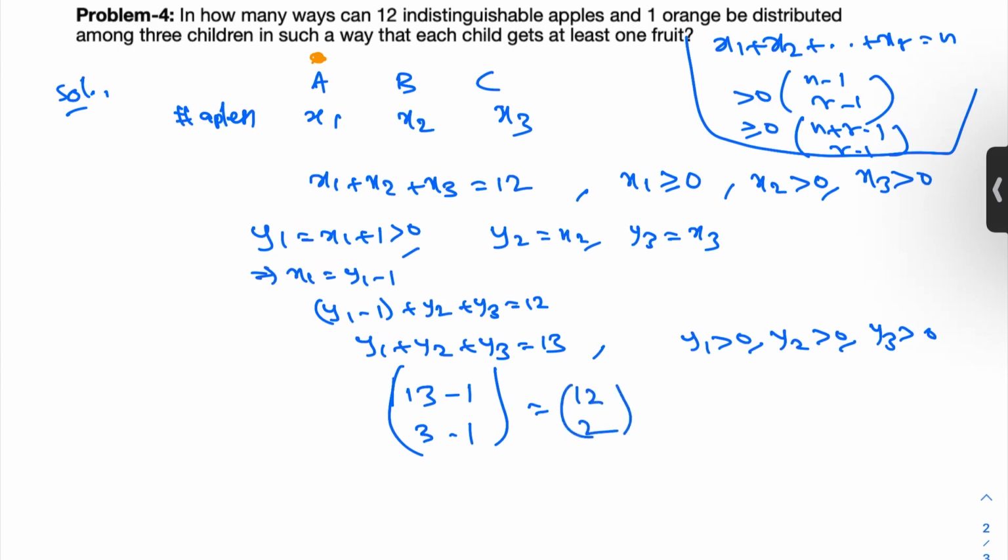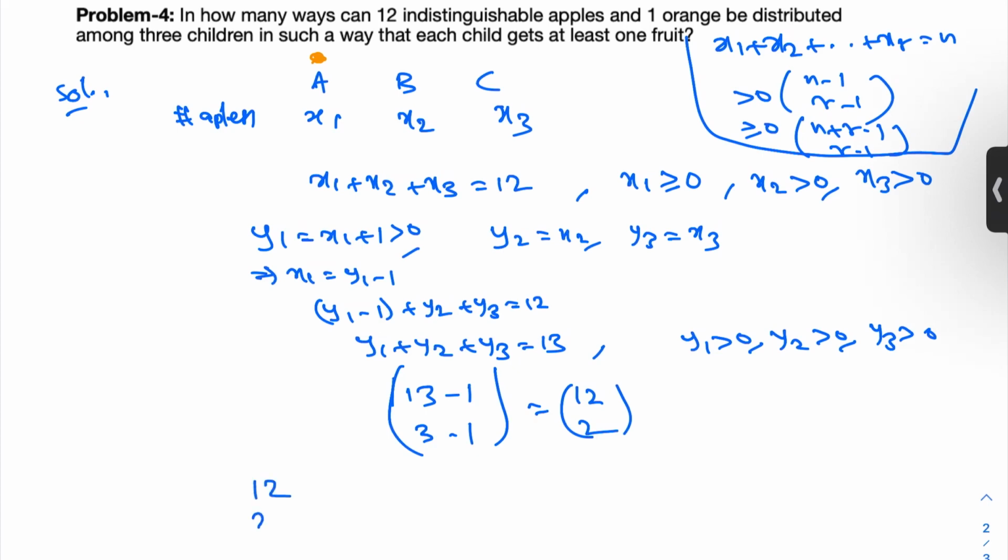Okay, 12 choose 2 only for case A getting orange. Similarly, for case B getting orange, also 12 choose 2. Similarly, for C getting orange, also 12 choose 2. So in each distribution, orange will go to either A or B or C, right? So by the sum rule, we have to add up.